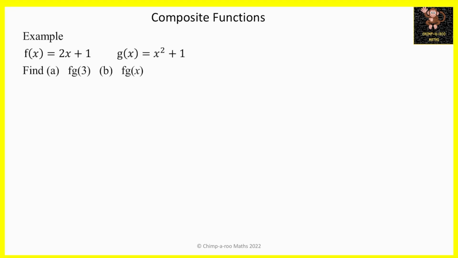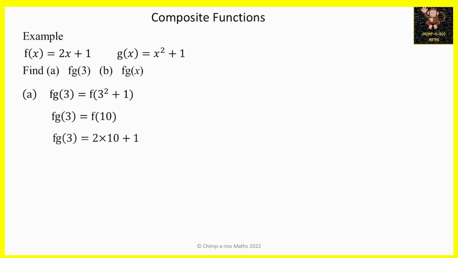Okay, so an example here with these two functions, f of x is 2x plus 1 and g of x is x squared plus 1. We're going to find fg of 3, then we're going to find fg of x. So fg of 3, let's put 3 into g, so that becomes f of 3 squared plus 1, which is f of 10. So substituting x equals 10 into the function f, 2 times 10 plus 1, 21.